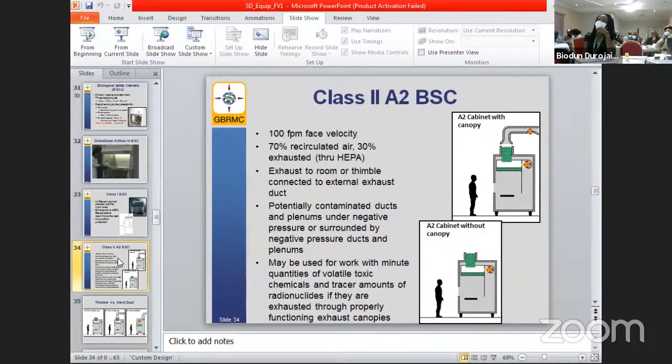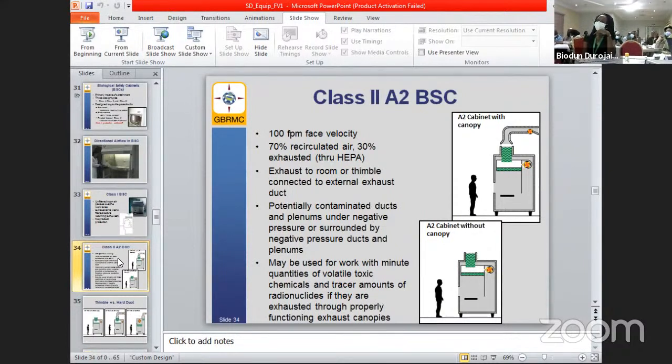So potentially contaminated ducts and plenums are under negative pressure or surrounded by negative pressure ducts and plenums. One important thing is that they can be used for work with minute quantities of volatile toxic chemicals and tracer elements of radionuclides, if they are exhausted through properly functioning exhaust canopies. So you can see the exhaust canopies.